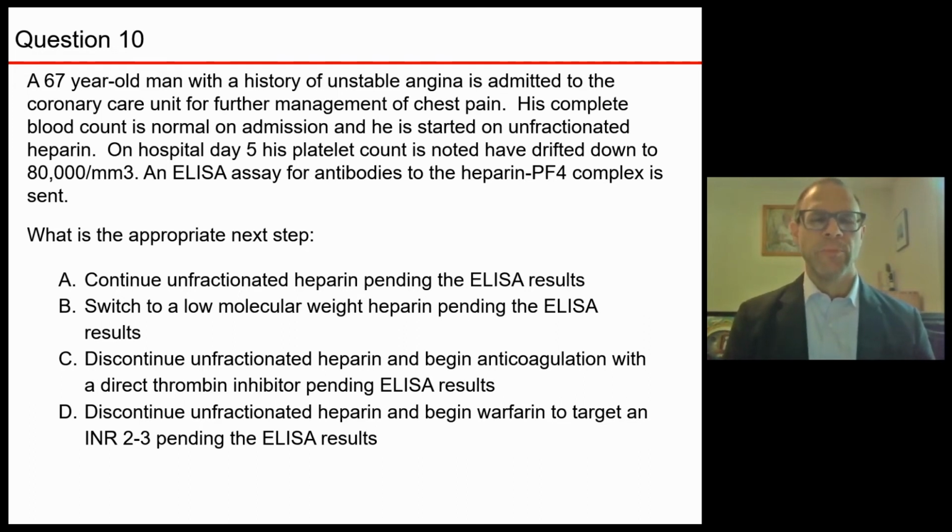What is the next appropriate step? A, continue heparin pending the results of this HIT test. B, switch to a low molecular weight heparin pending the results. C, discontinue heparin and begin anticoagulation with a direct thrombin inhibitor. And D, discontinue heparin and begin warfarin.